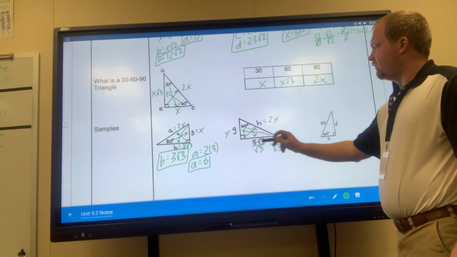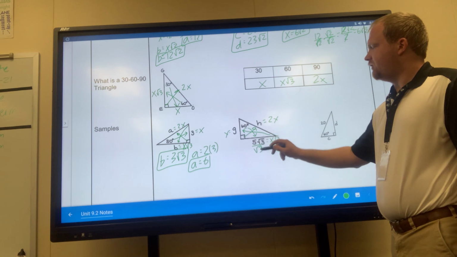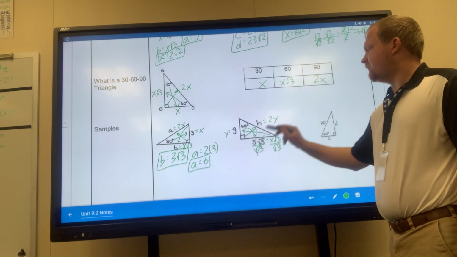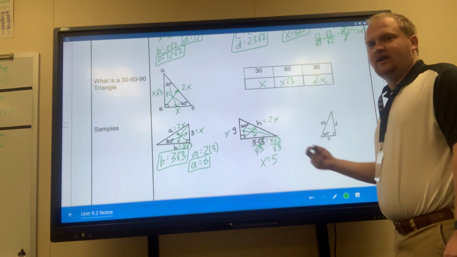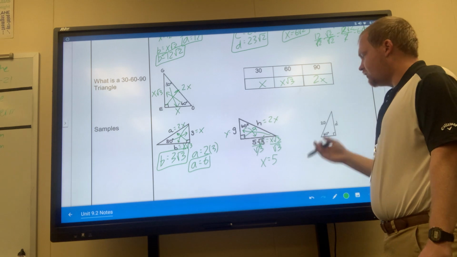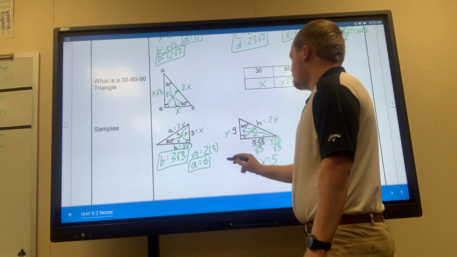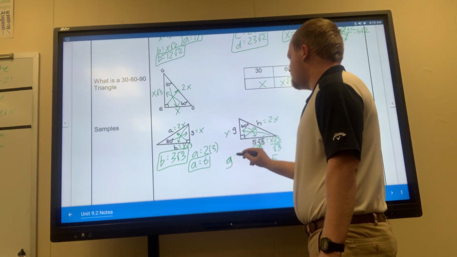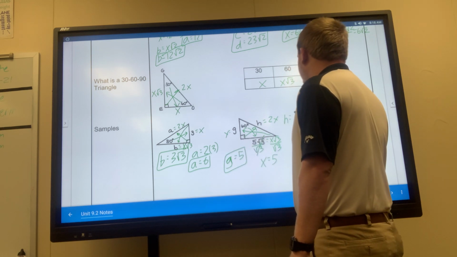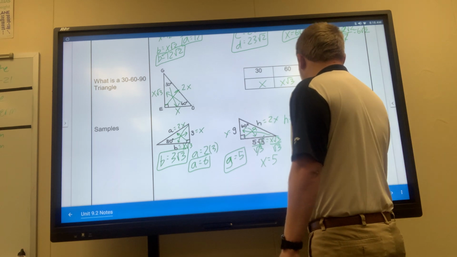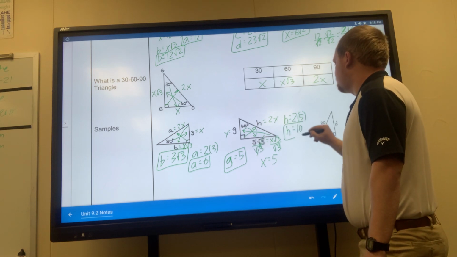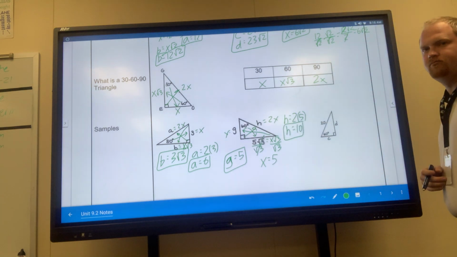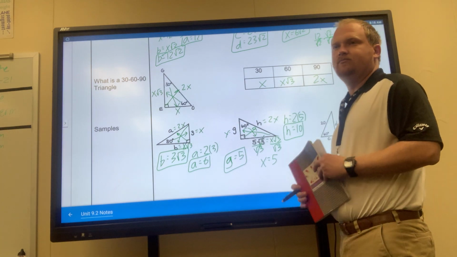Divide the square root of 3 on both sides. Since they're both the same, I can cancel them out, which leaves me with x equals 5. That's pretty easy, because all I have to do is replace the values. I replace x with 5 for g, and I replace the x here with 5 for h. 2 times 5 gives me 10. At least it worked out pretty simply.